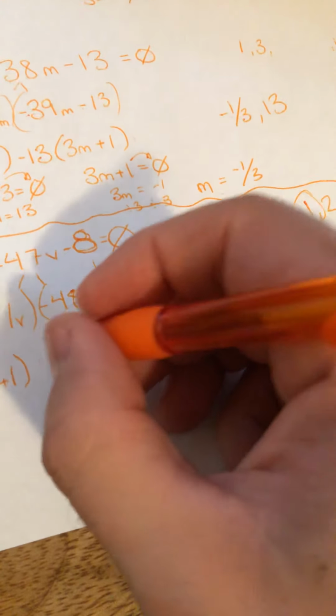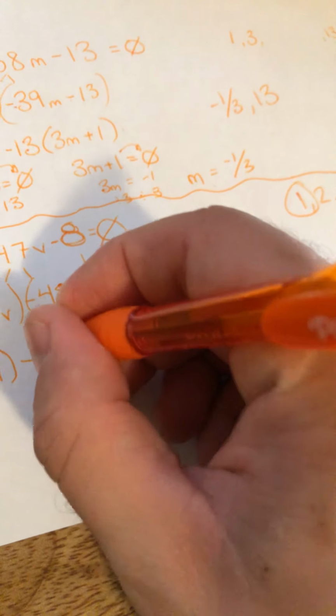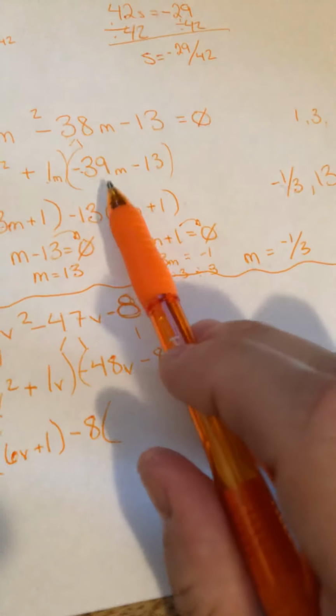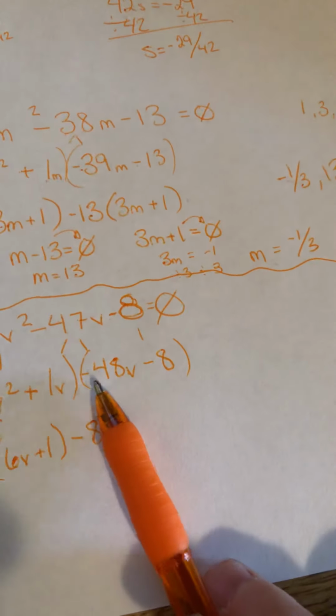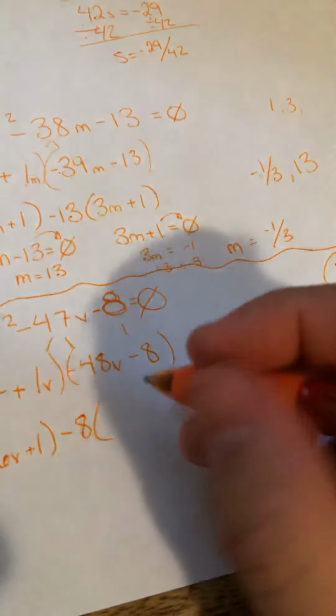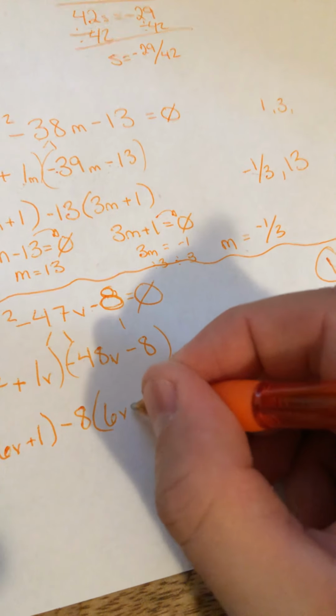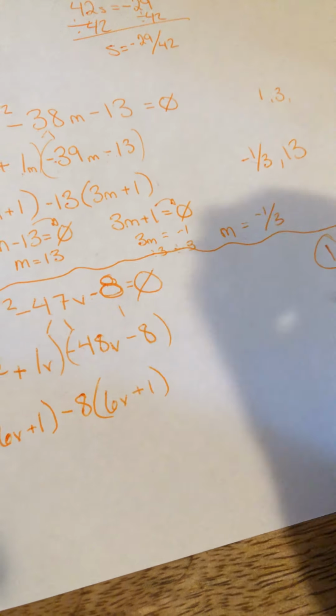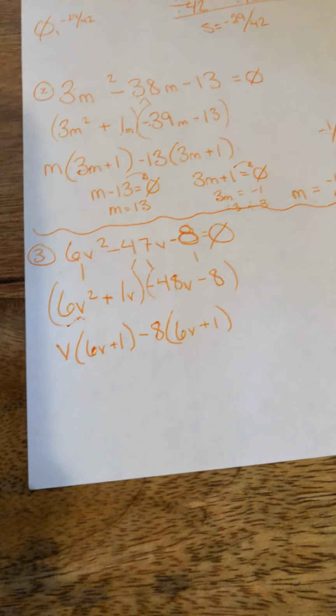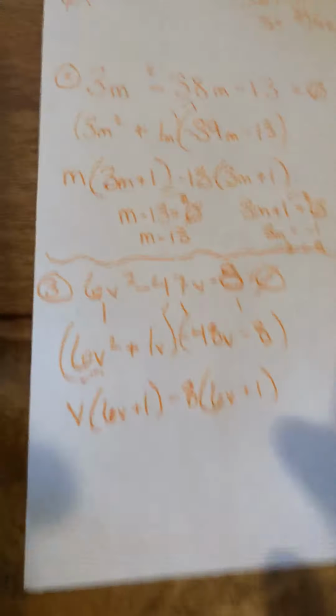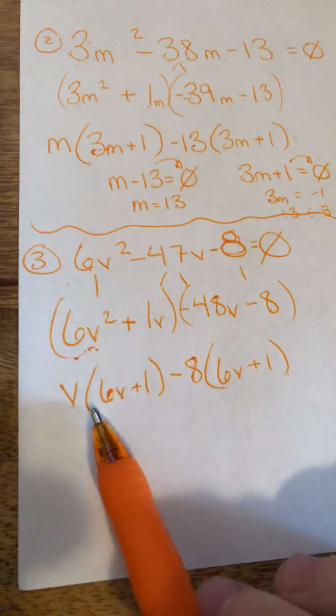What goes out of both? Well, hopefully you said negative 8, just like we had earlier. We want to pull a negative out of both. Same thing here. We want to pull a negative out of both. And then 6v plus 1. Okay? So your inside should look the same. They do. 6v plus 1, 6v plus 1.